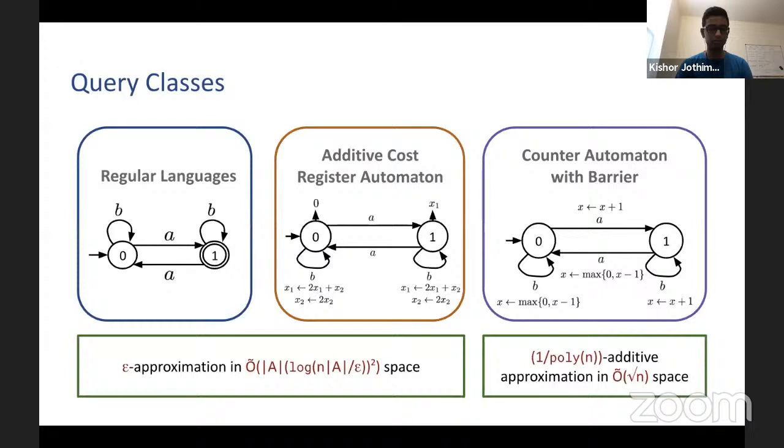And for the first two classes, we are able to show that we can achieve epsilon approximation of the expected value using space that's roughly log n over epsilon square. And for the counter automaton case, we can show that we can compute this with O tilde root n space.